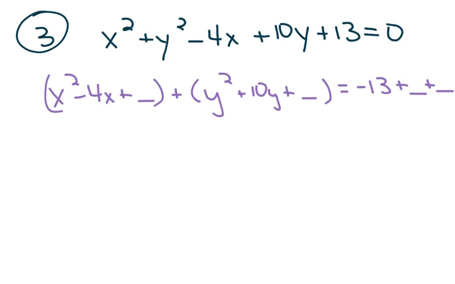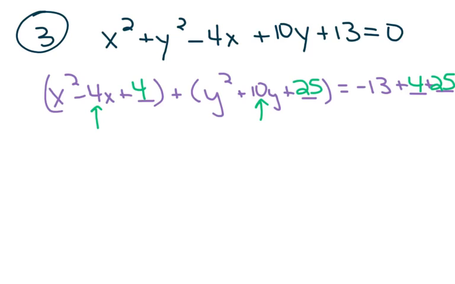The rule of creating perfect square trinomials is that whatever you add to one side of an equation, you also have to add to the other. To find the number that goes in the blank, you really just take the middle term, divide it by 2, and then square it. So the first one is 4. And if you take this term divided by 2 and square it, you get 25.